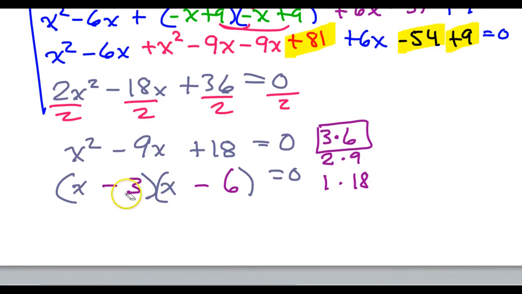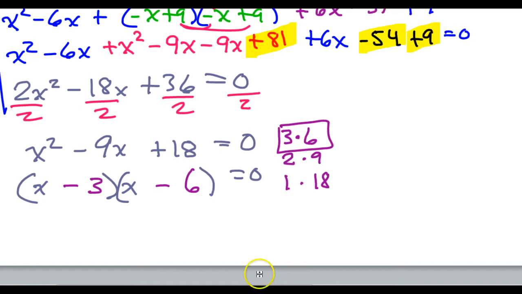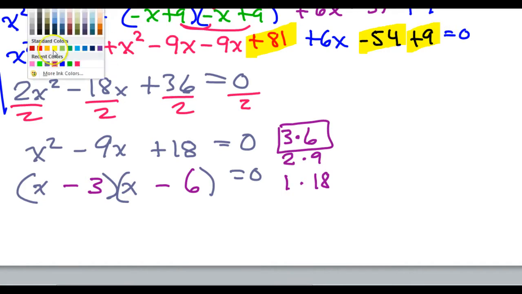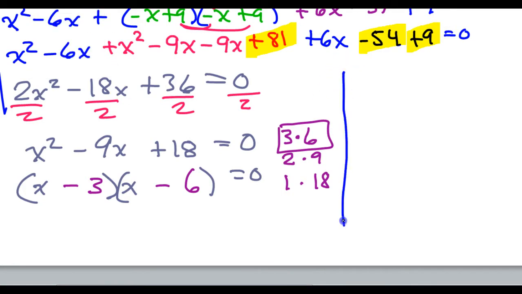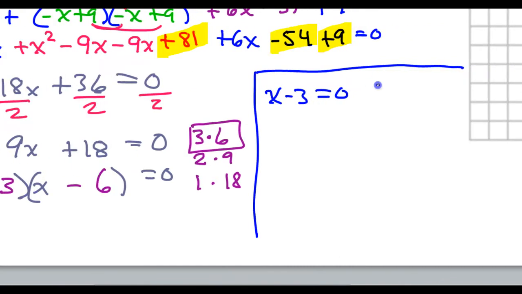Now, to get my actual solutions, the x values, I need to take these two factors and set them equal to 0. Okay, so x minus 3 equals 0. That'll give me one solution. And x minus 6 equals 0 will give me another solution.